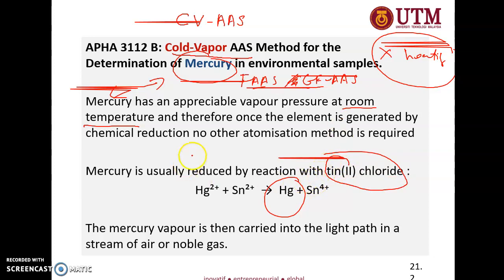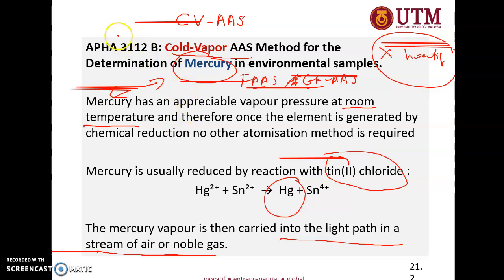What happens after it's been vaporized? It will be carried into the light path in a stream of air or noble gas, and the mercury atom can absorb the radiation given by the radiation source. This is also very suitable for methyl mercury as well. The methyl group will be eliminated, leaving behind the mercury atom.